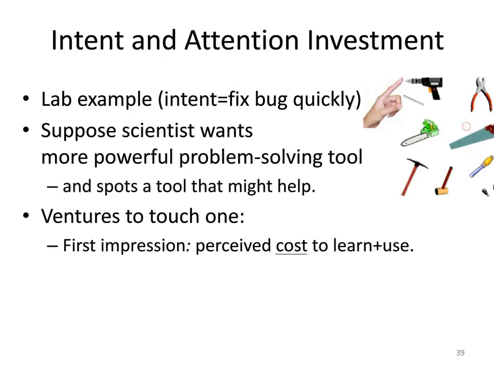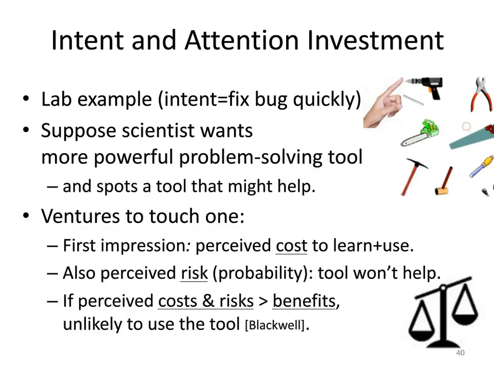One of the things we've discovered in our lab studies is that that first impression is everything, which is really kind of a bummer because that's often when your tool is at its worst, because it doesn't have very much stuff yet to build on. Anyway, that's determining her perception of cost. She's also thinking of risk, and she's weighing her perception of costs and risks from that first impression against what she thinks the benefit will be. And if the costs and risks outweigh the benefit, then she doesn't use the tool.